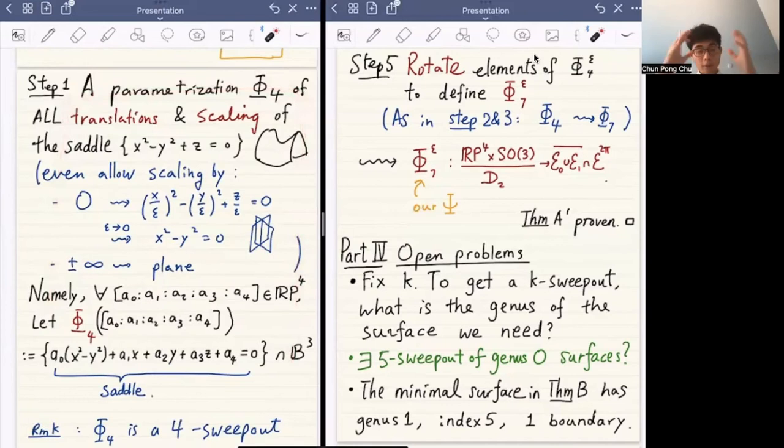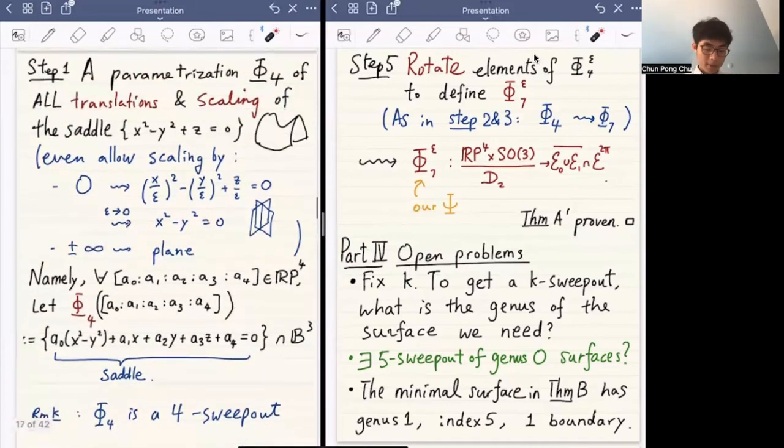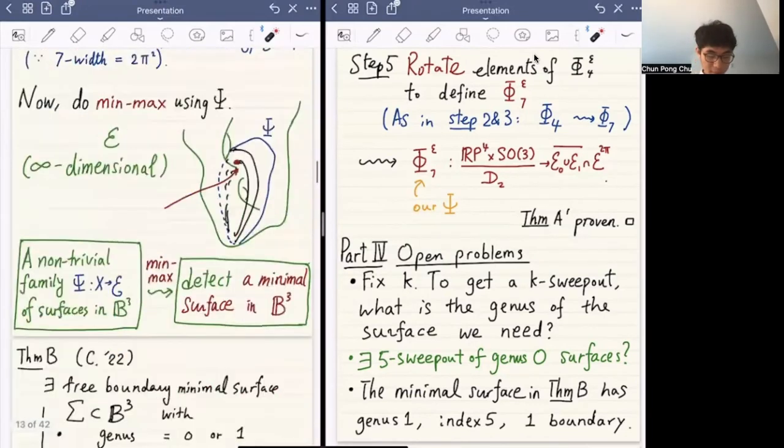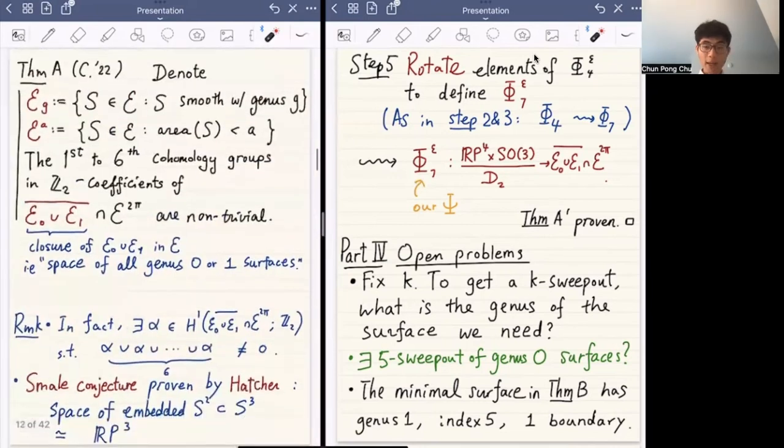When you intersect them with the unit ball, you get genus 0 surfaces, and you can show that that is a 4 speed bump. And if K is 6, theorem A tells us we can use merely genus 0 and genus 1 surfaces. But how about for other cases?